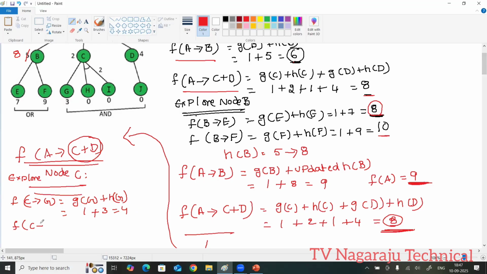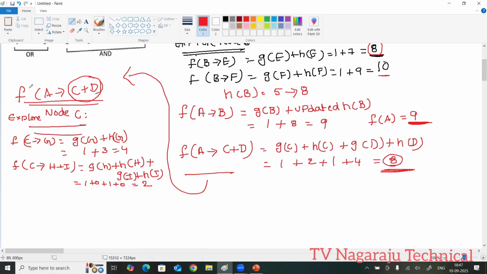Now F of C to H plus I. Why? Because H and I are end nodes. So here G of H plus H of H plus G of I plus H of I. What are the values? 1 plus 0, 1 plus 0, the value is equal to 2.